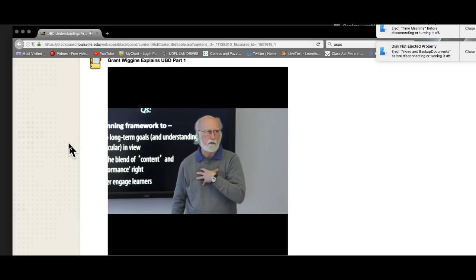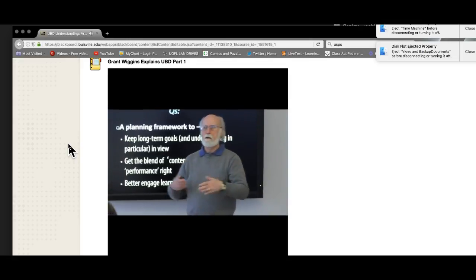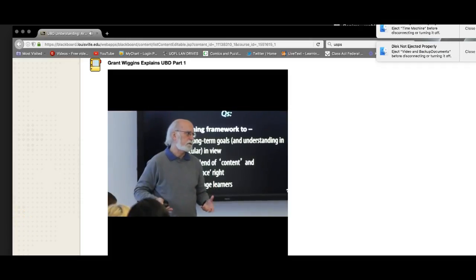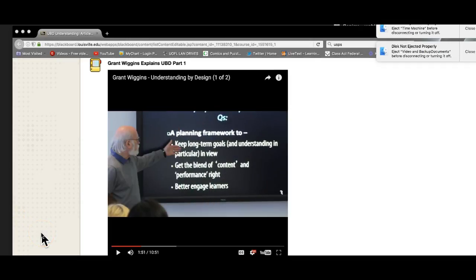In other words, it's your job to know where we want to end up. I don't think we make any apologies about that. But part of where we want to end up is building autonomous, proactive, thoughtful people. So as you hear, Grant basically is giving us the same story. He's basically helping us see that we're just not here to do, here's some information, memorize it, spit it back at me.